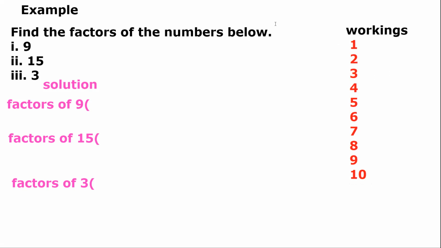So you start with 1. 1 times what number will give you 9? 1 times 9 will give you 9. 2, no. 3 times 3 will give you 9. 4, no. 5, no. 6, no. 7, no. 8, no. 9 times 1 can also give us 9.